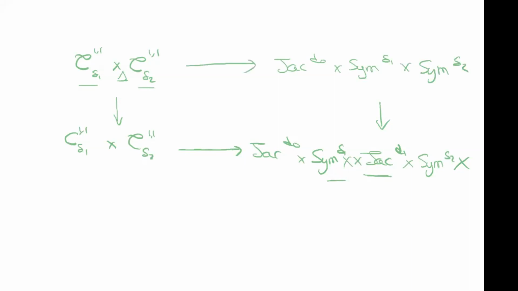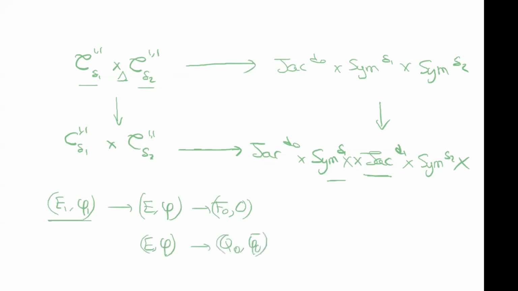Right, so we want to consider Higgs bundles of this form, extensions of F00 by E1 phi 1, or extensions of Q0 phi 0 by F00.